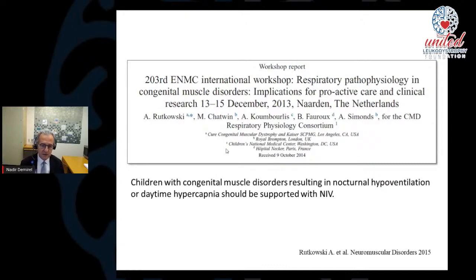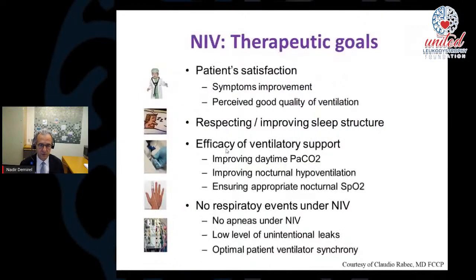So this is a statement about congenital muscle disorders, but you can use the same knowledge for any kind of disease, in this talk, genetic disorders that would cause muscle weakness and respiratory disorder based on that.